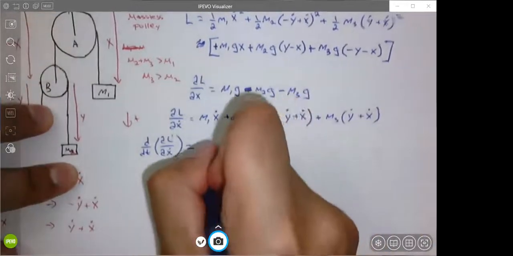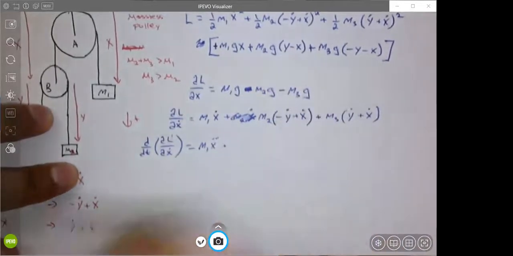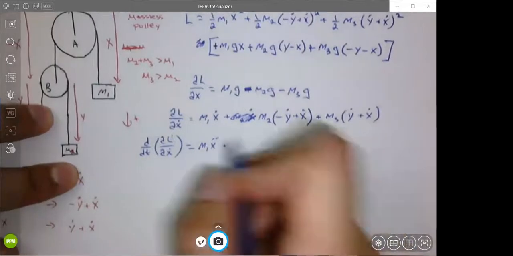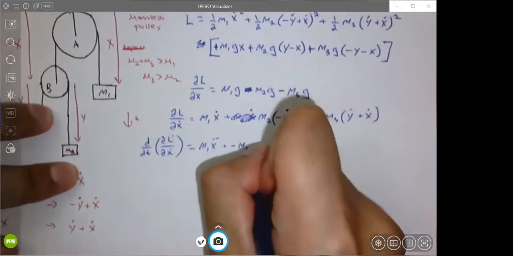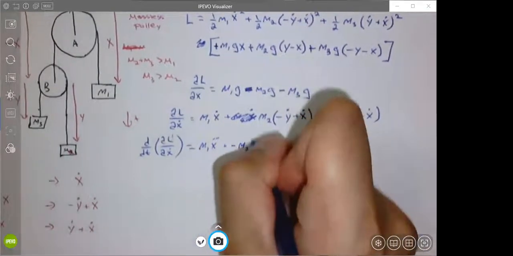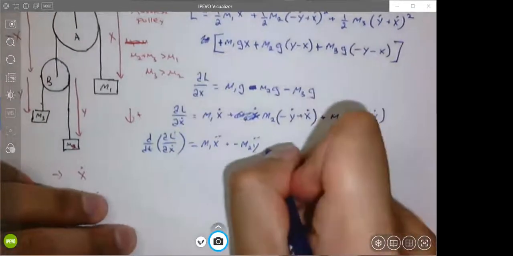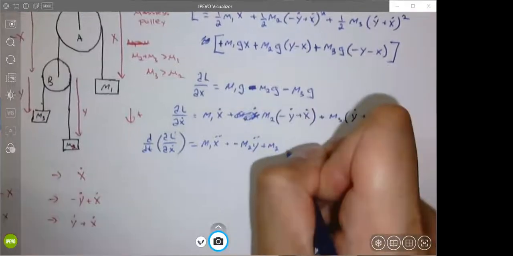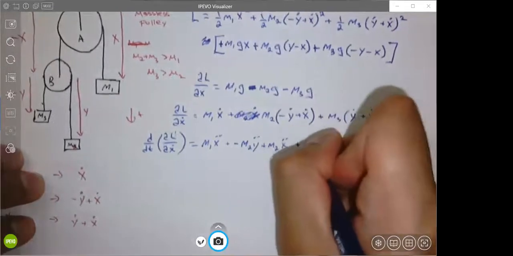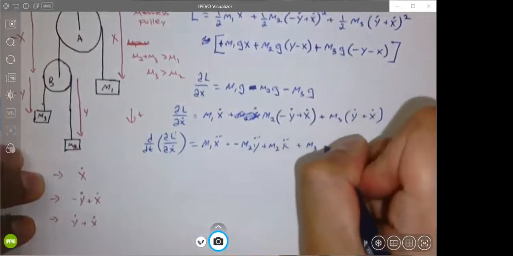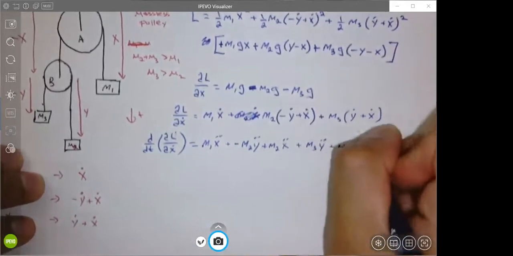So you can end up with m1 x double dot plus negative m2 y double dot. The negative sign is because there's a negative right there, plus m2 x double dot plus m3 y double dot plus m3 x double dot.